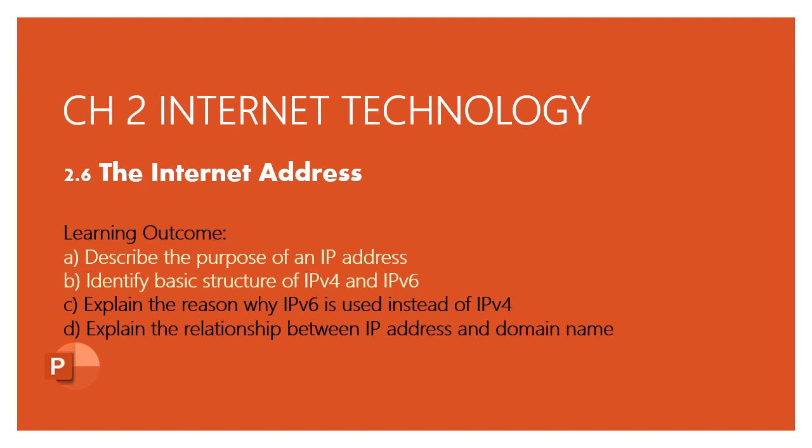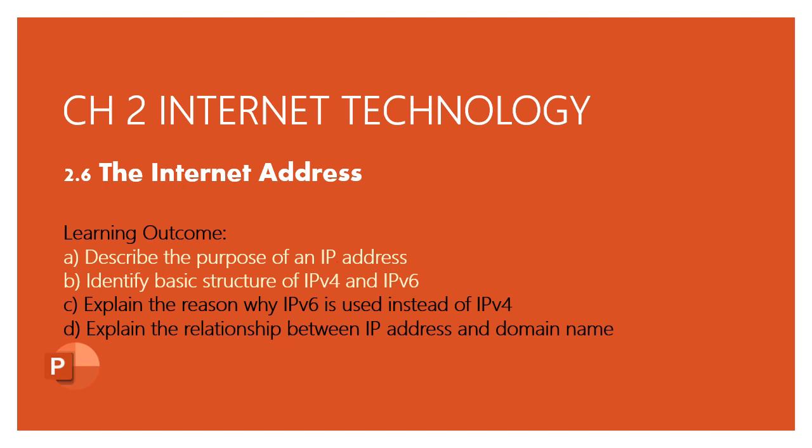In 2.3 subtopic, we classify the network based on the geographical area covered by both LAN and WAN. LAN covered the limited geographic area, whereas WAN covered the largest or the world geographical area.